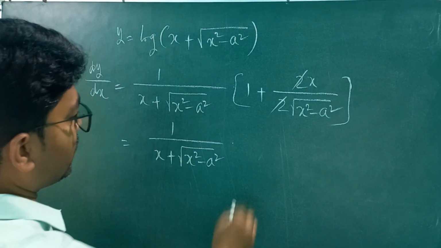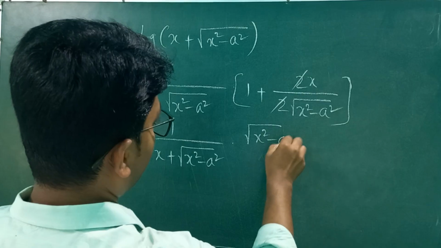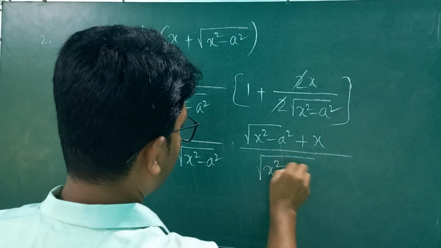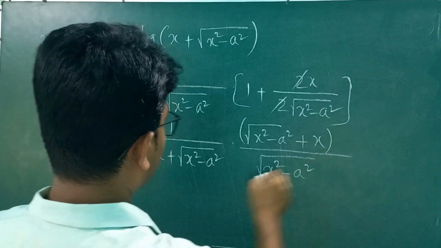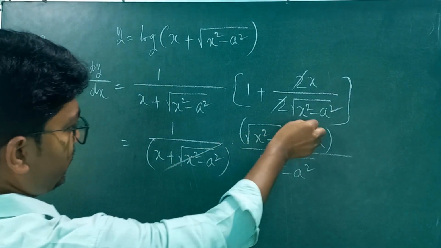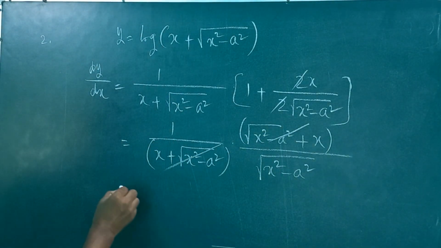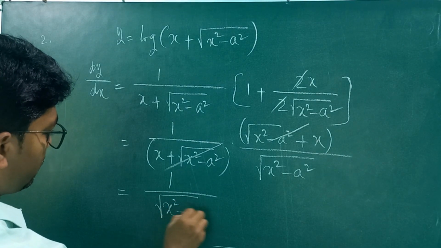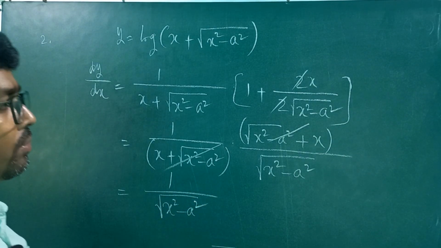If you add them, you will get x square minus a square plus x root over x square minus a square. See, here also this term is cancelled and you will get your required result, that is root over x square minus a square.